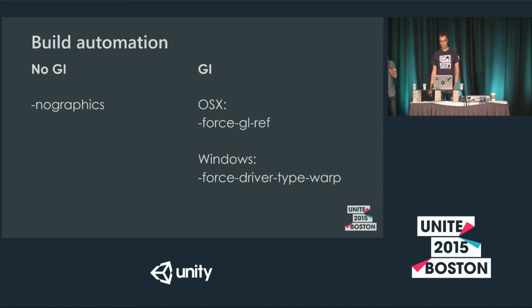But still, if you have to do that, you can still do that, and we did support of reference GFX device on OS X, and we can use Warp DirectX 11 device on Windows to make this happen.